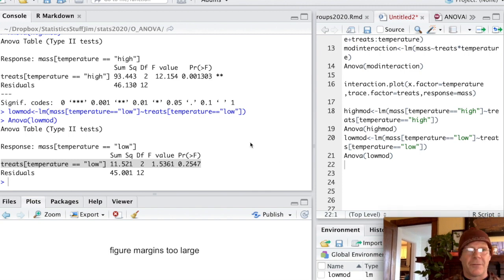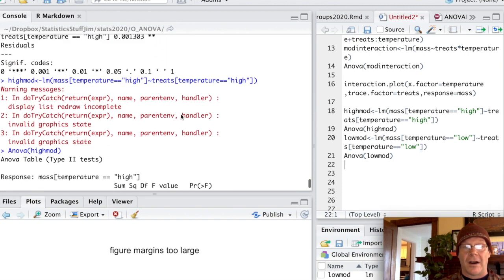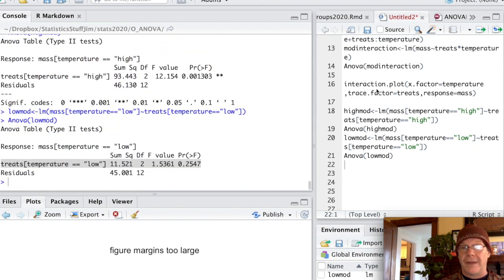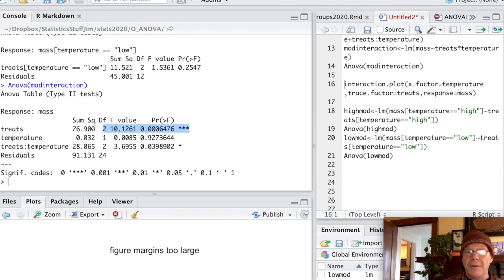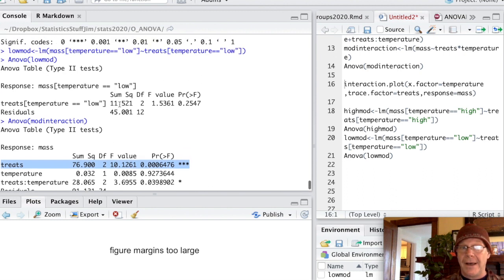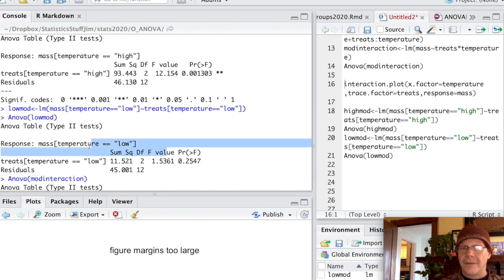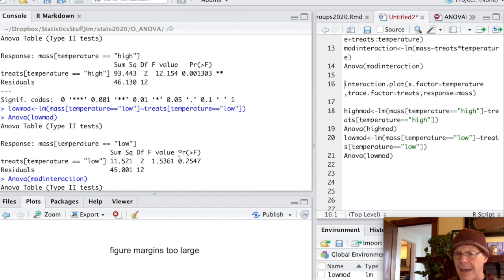Which means that if we were to go back and look at our main ANOVA that included the interaction term, we would be erroneous to say that treatments are significant, because it turns out that the treatments are indeed significant, but the diet, the treats, they only matter at a high temperature. At a low temperature, it doesn't matter what diet you're on.